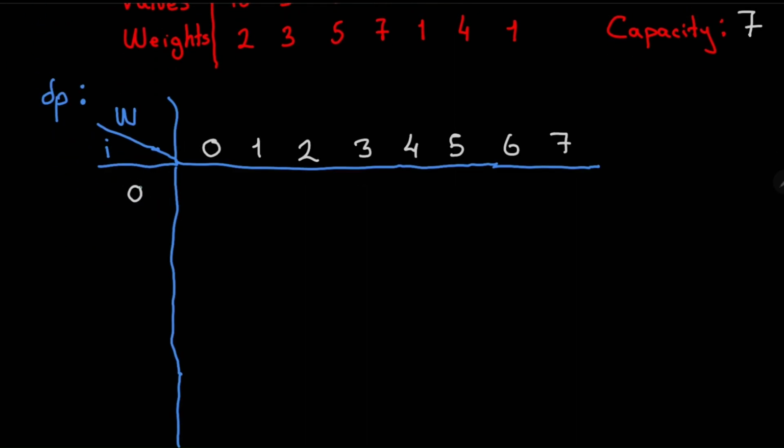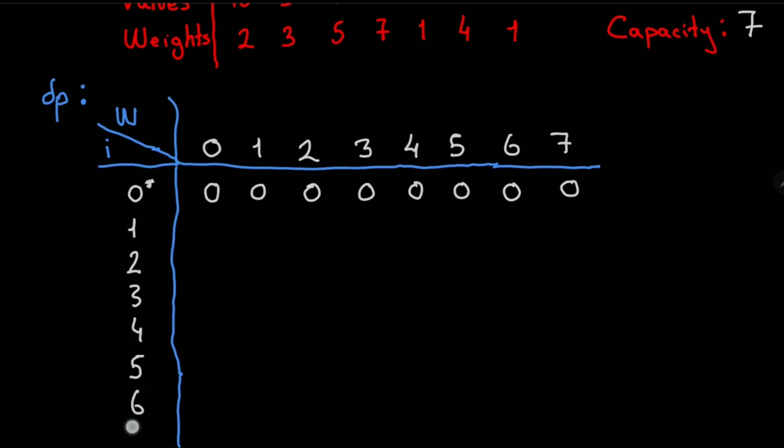So, for the first row, again we are writing the 0 item case, which is saying that basically if we have no item, we have no profit. I am also writing the items here. When the current capacity is 0 again, we cannot take any item, which means the value is 0.